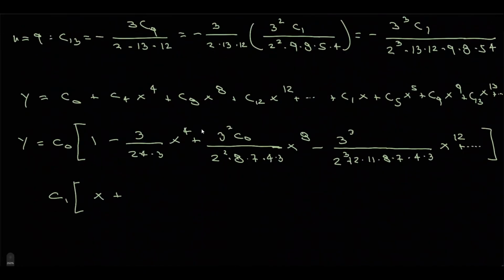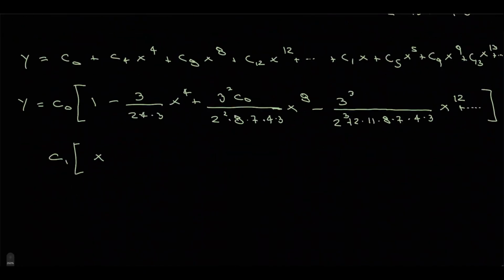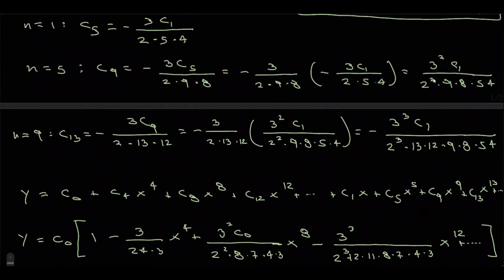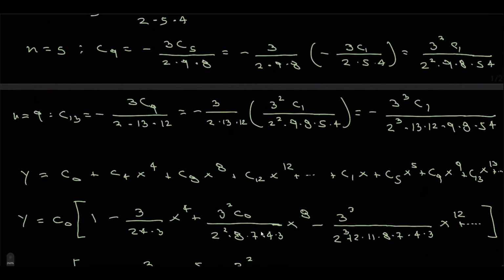That's actually a minus: negative 3 over 2 times 5 times 4, x to the fifth, plus 3 squared over 2 squared times 9 times 8 times 5 times 4.